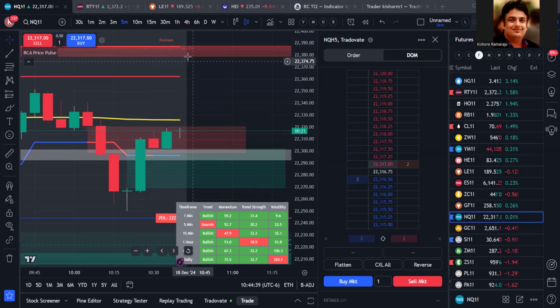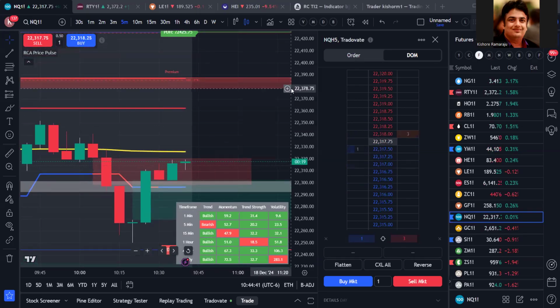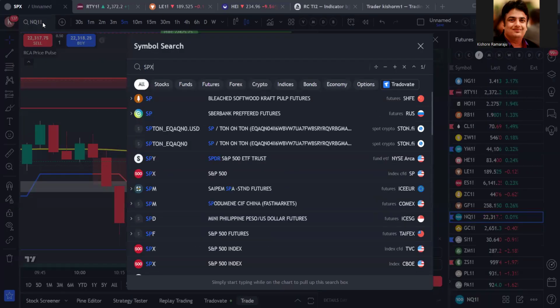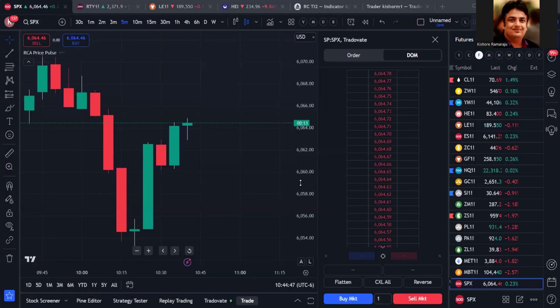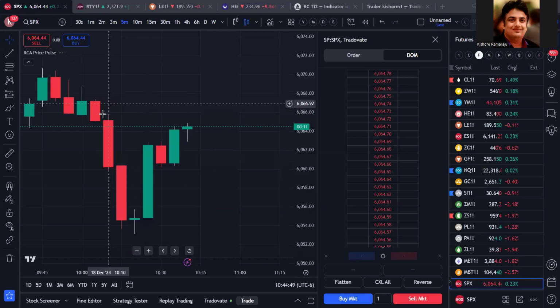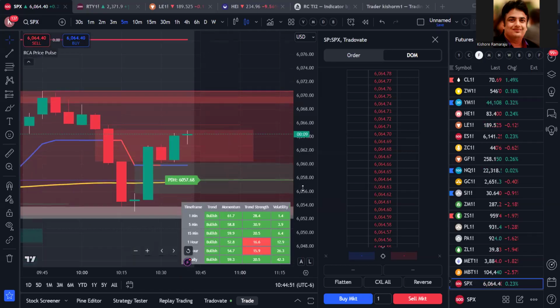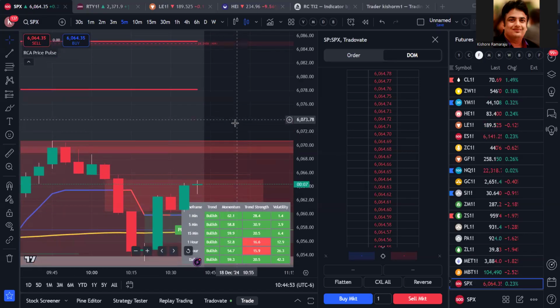Your NQ can move up to this 22,380. Your SPX can move all the way till minimum 60, 70. It can go to the 60s. If it breaks this, it will go to 60, 78.